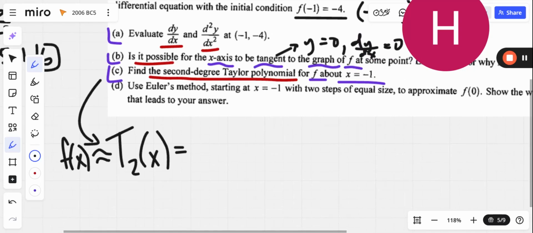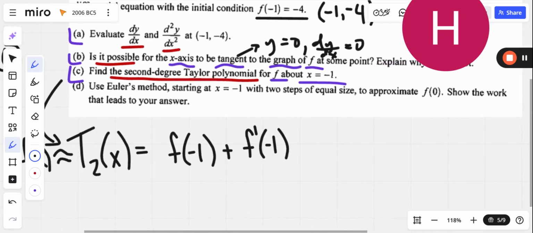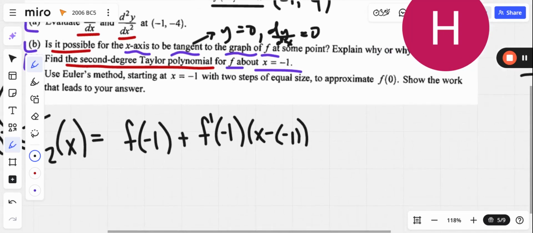This is going to be f of -1 plus f prime of -1, or we can say dy dx at x equals -1, times x minus -1 to the first, technically divided by 1 factorial, but that's just 1.